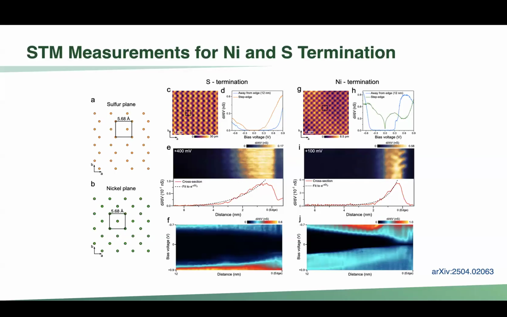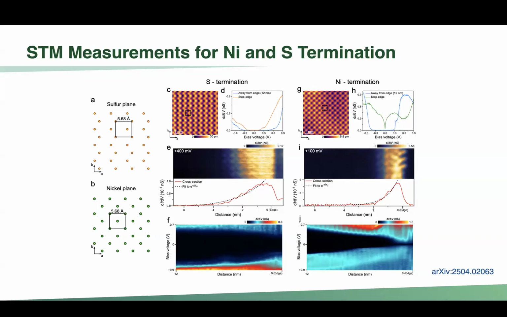Okay, so now we start this collaboration with experimentalists, because DFT sometimes works, sometimes it doesn't work for magnetic materials. And our experimental colleagues managed to actually resolve very clearly the two surfaces. So here is the sulfur termination, where we can see very clearly the sulfur dimers.